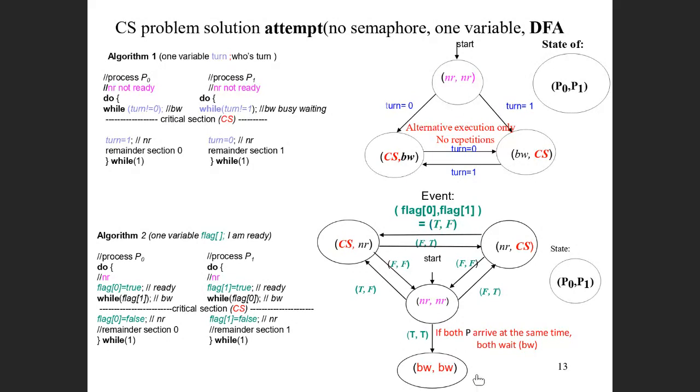And you can see that at the bottom, this state BW has no arrow leaving this status, which means both processes are stuck. There is no escape from this, and this is a problem.